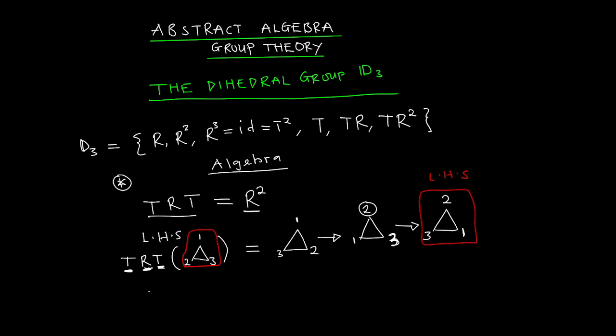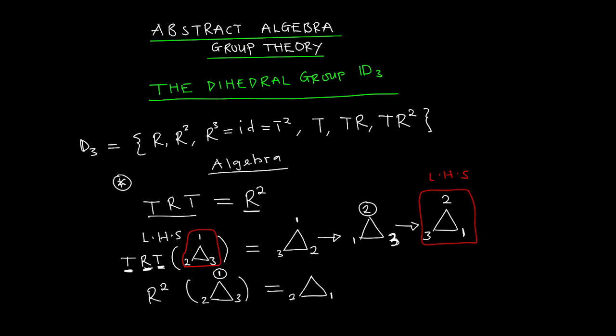R squared. So R squared acting on that triangle that we started with, 1, 2, and 3. What is this going to give us? Remember, R squared means rotate the triangle twice. So 1 will take the position of the 3. 3 will take the position of the 2.